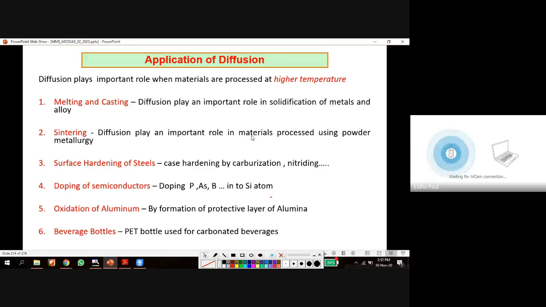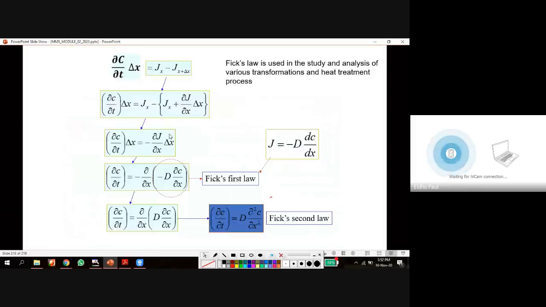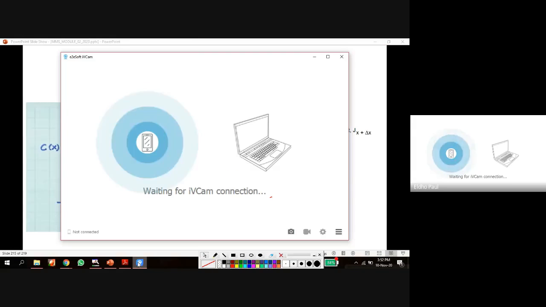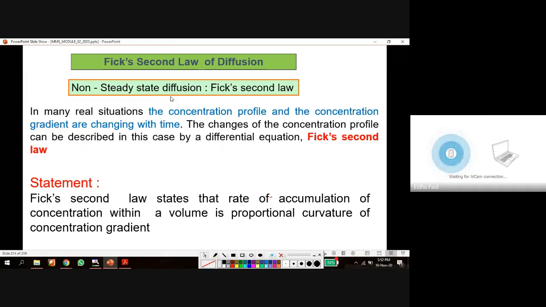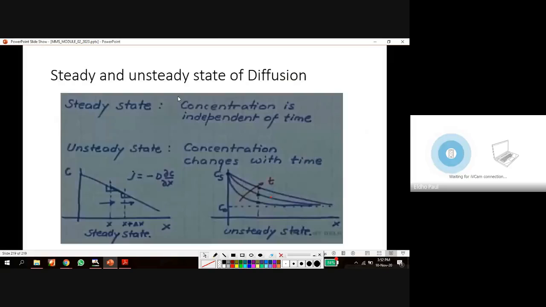So this is about your second module. Any doubt about Fick's first law and Fick's second law? You have to study these two laws, Fick's first and second law. Okay, and there may be some problems based on this.